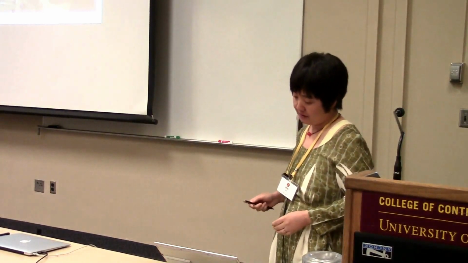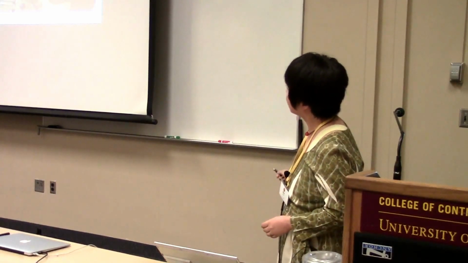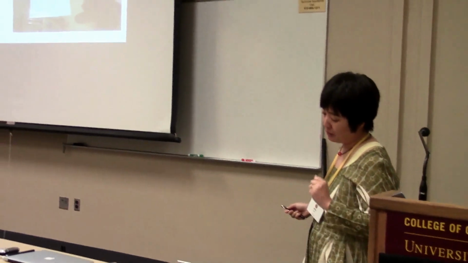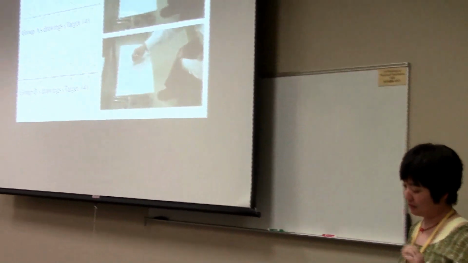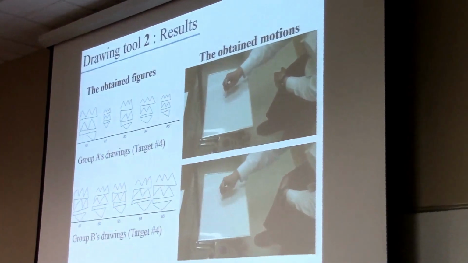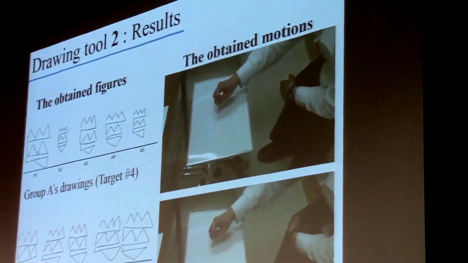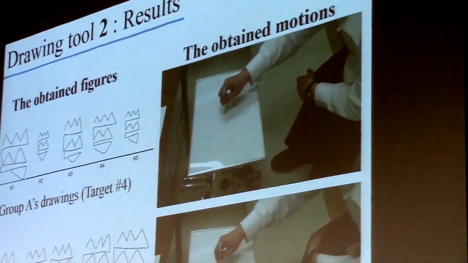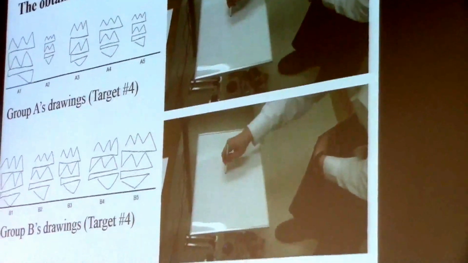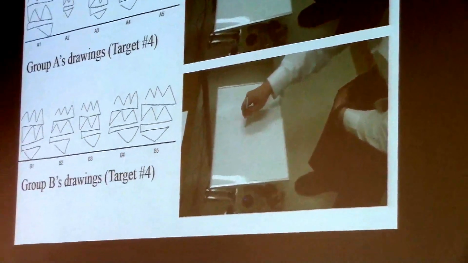This is the result. This figure shows the drawings of all participants. We can clearly distinguish geometrical differences such as size, roundness of edges, curvature of lines, and so on. There are 2 examples of obtained motion.